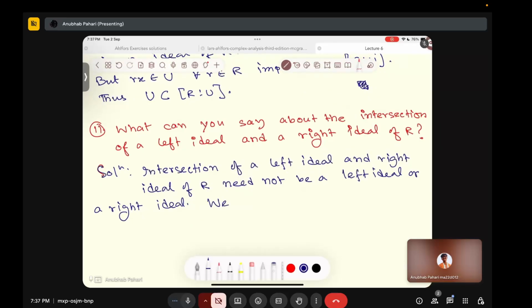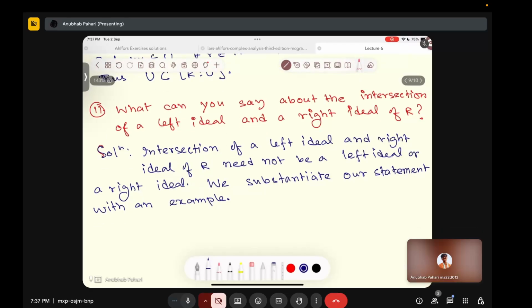We substantiate our statement with an example. Consider M2(Z) equals the matrices (a, b; c, d), where a, b, c, d belong to Z. Clearly, M2(Z) is a ring.